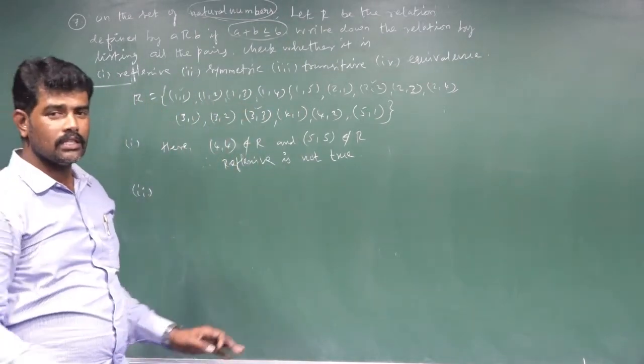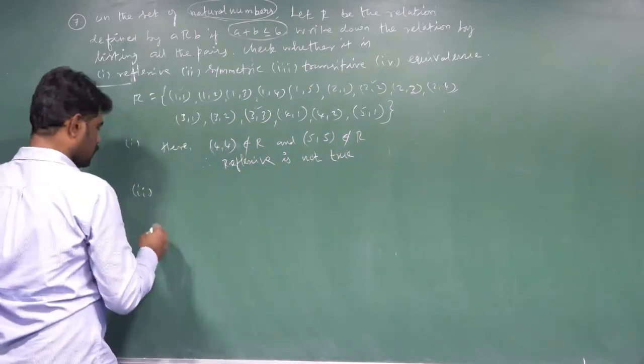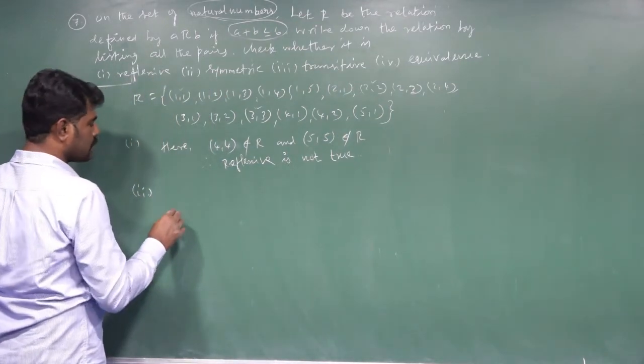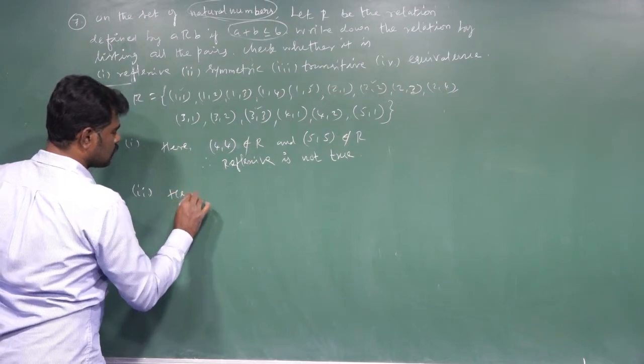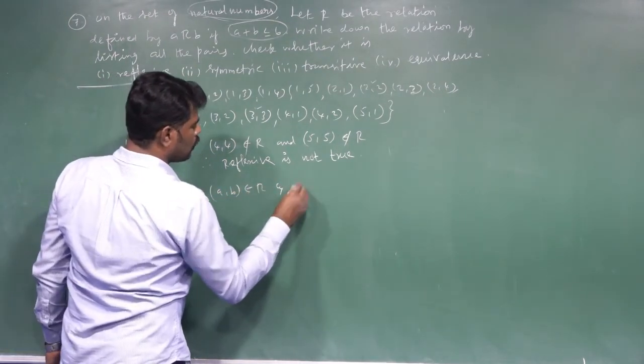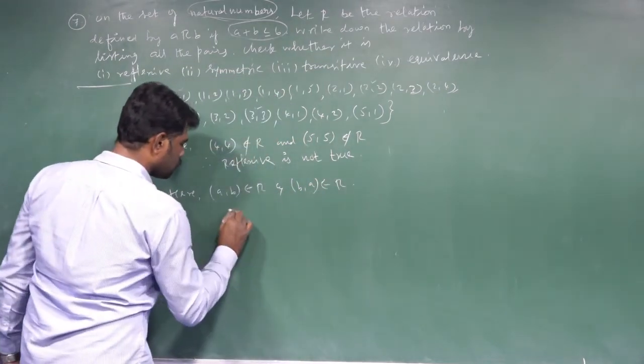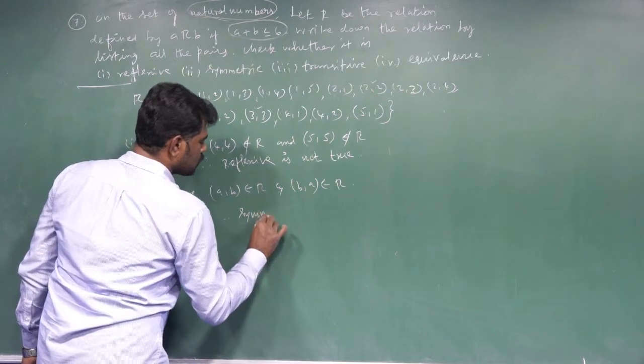Now tell me, is this symmetric or not? It is symmetric only. All the pairs satisfied the condition. Here A comma B belongs to R and B comma A also belongs to R. Therefore symmetric is true.